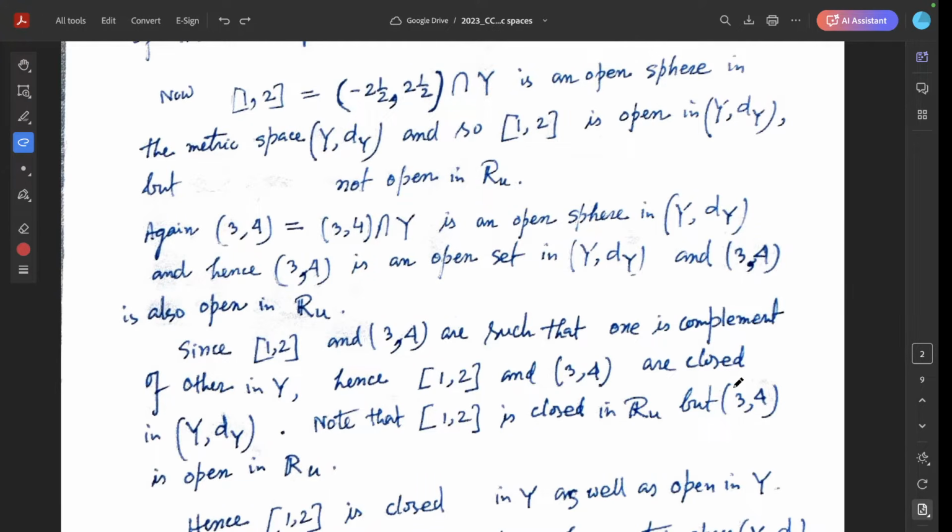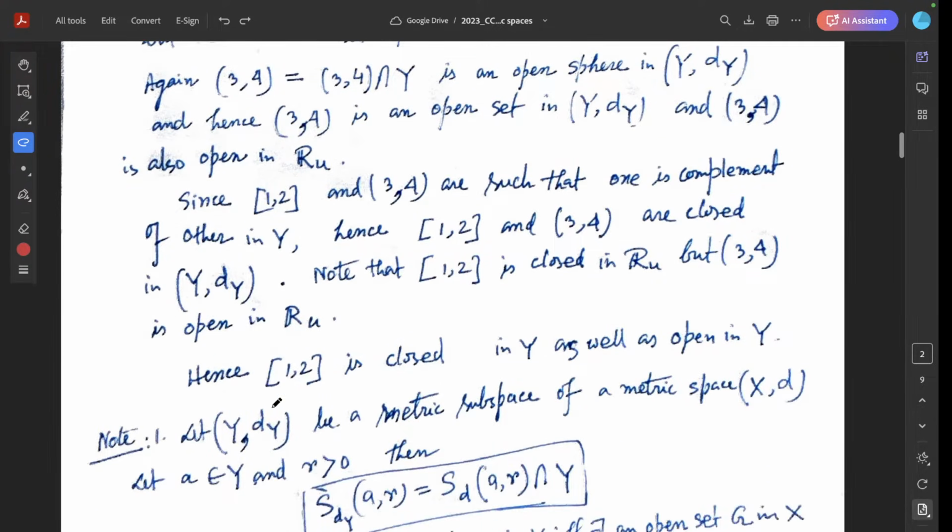So [1,2] and (3,4) are both open and closed in (Y, d_Y). So [1,2] is closed in R, but (3,4) is open in R. Hence [1,2] is closed in Y as well as open in Y.